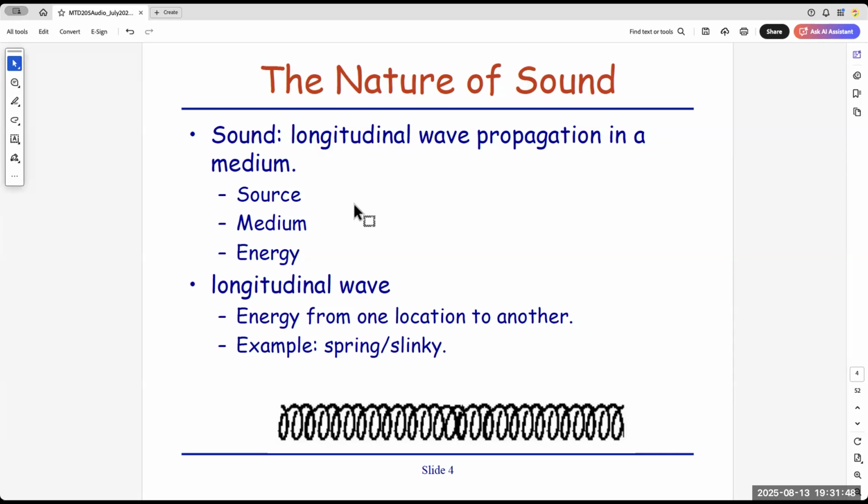The first type, of course, belongs to sound. It's called longitudinal wave propagation in a medium. I believe you have done that in your PCQ quiz, which is beyond my control. I didn't set it, it's set by the school. It refers to a study guide that you need to study for the PCQ quiz.